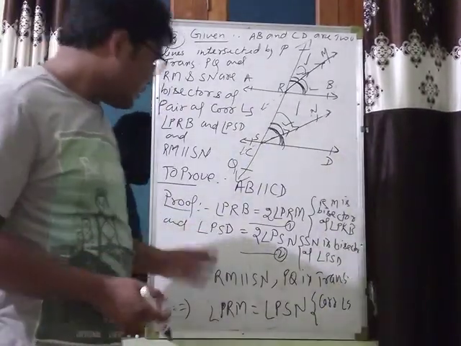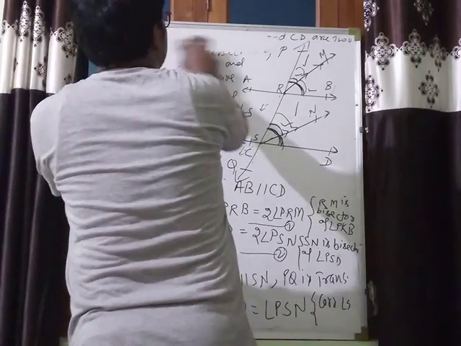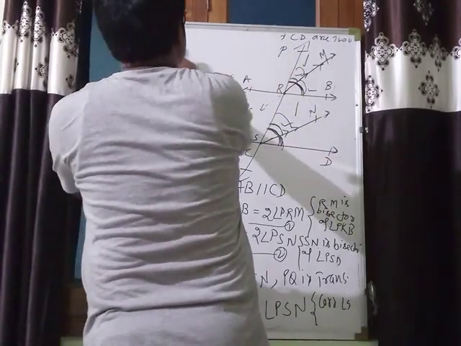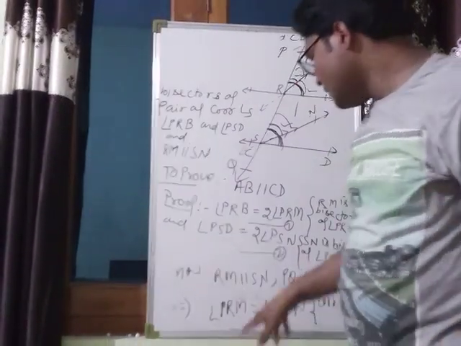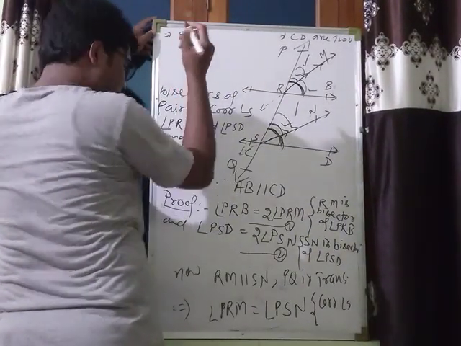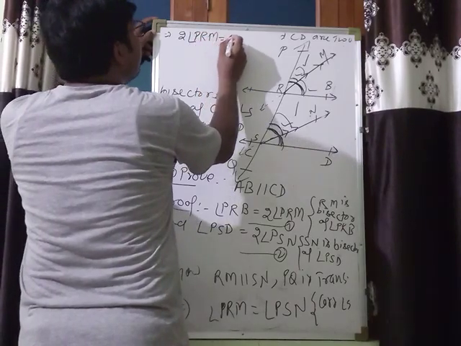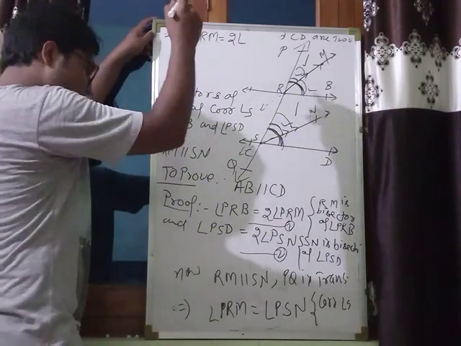Okay, because these two angles are equal, their twice will be also equal. Means twice of angle PRM will be equal to twice of angle PSN.